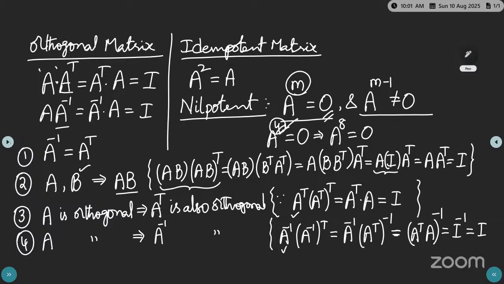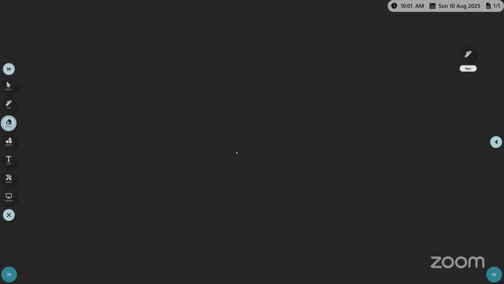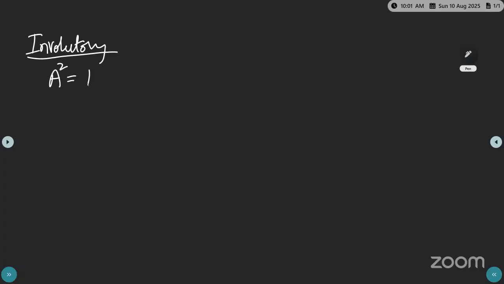A square matrix, capital A, is said to be an involutory matrix if A square equals I, where I is the identity matrix.